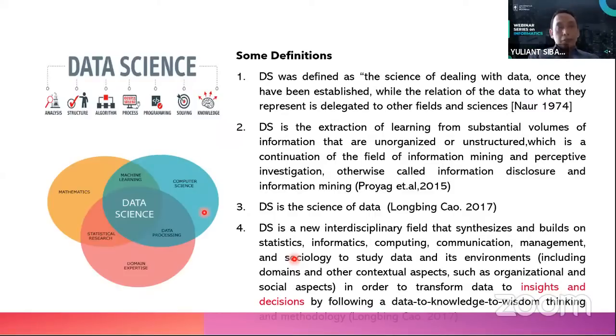We can see from this graph that data science is the intersection between some other knowledge or sciences.